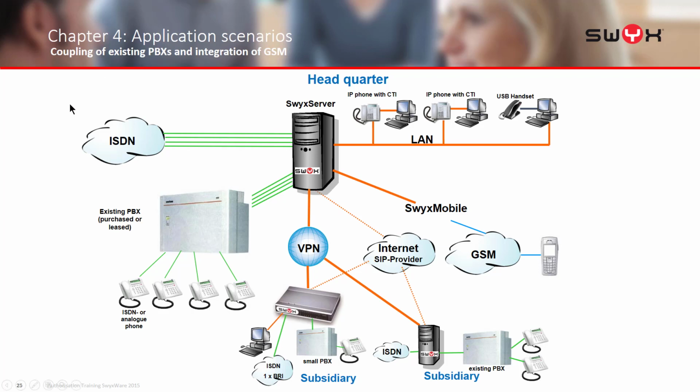So we can take the ISDN in from the service provider into Swyx and feed them straight back out again to the existing PABX. The incumbent supplier doesn't have to get involved in here. The PABX thinks it's still connected to the service provider. We now filter off whatever DDIs we want to use on Swyx.